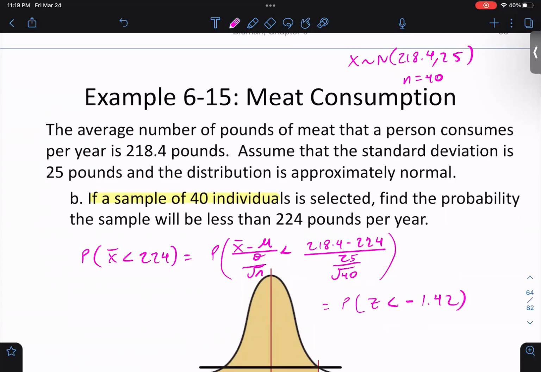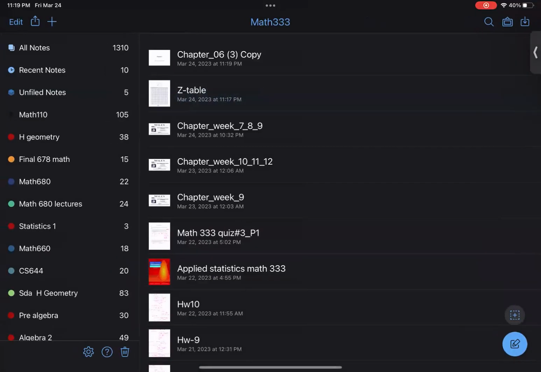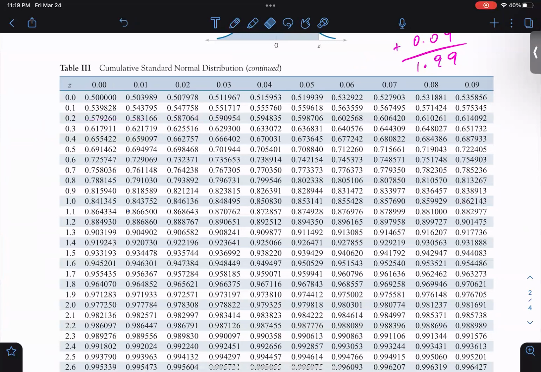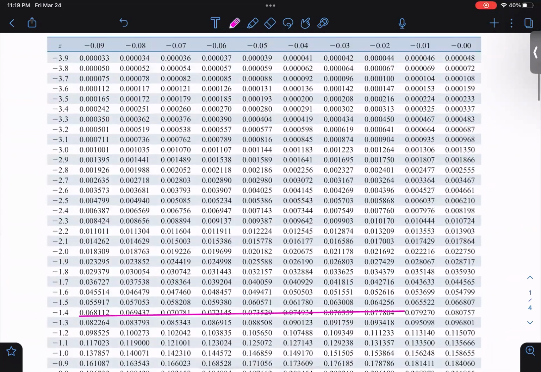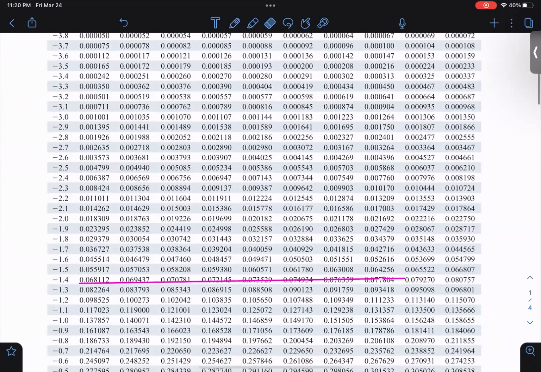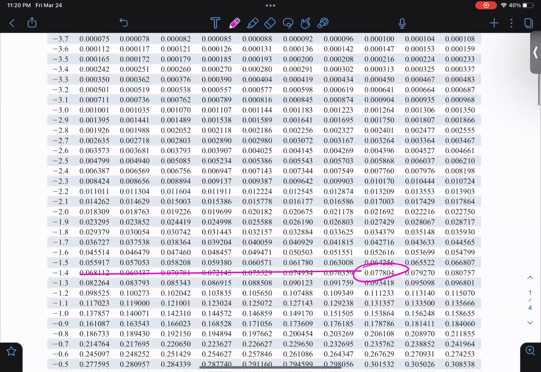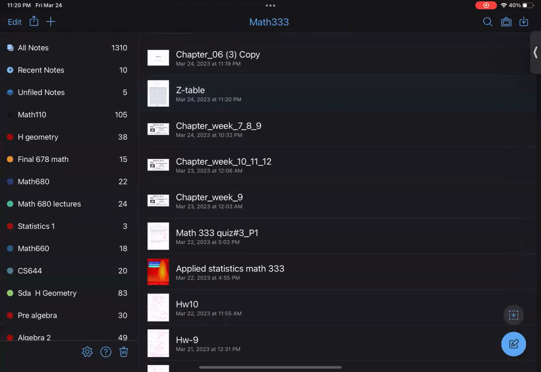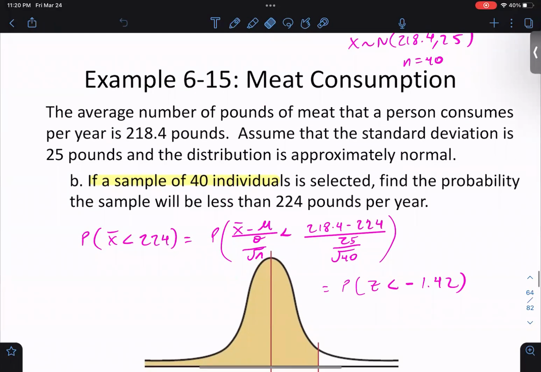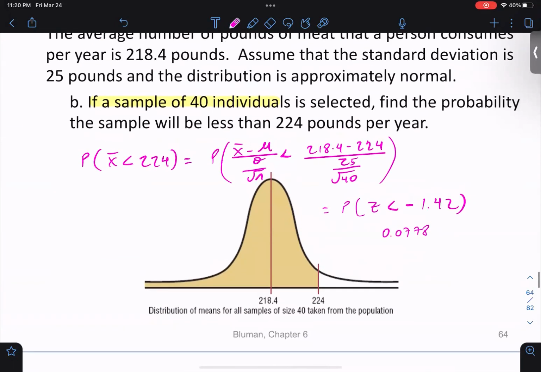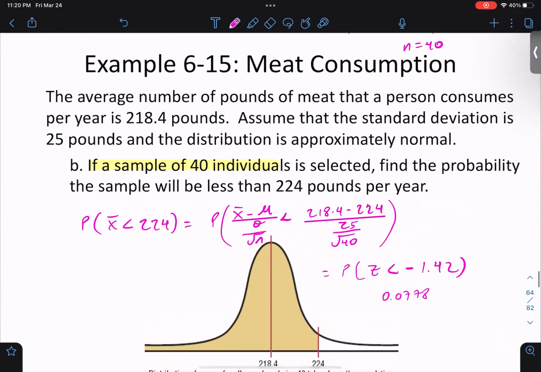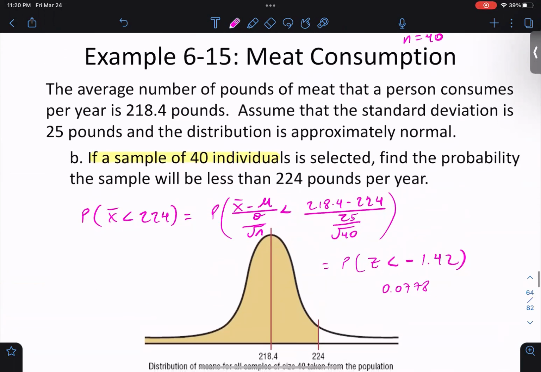We look at the table, and it's 0.0778, or 7.78%, less than 224.